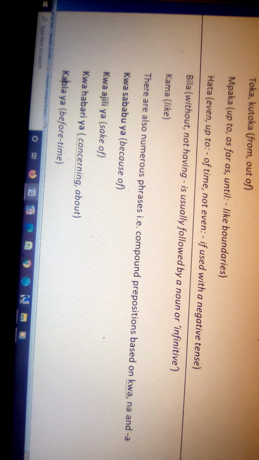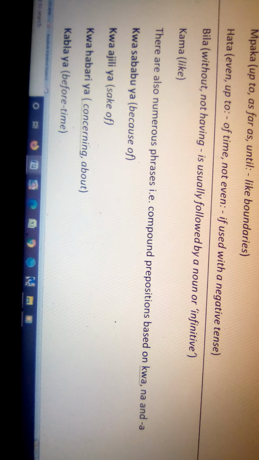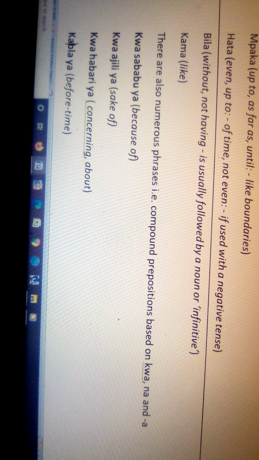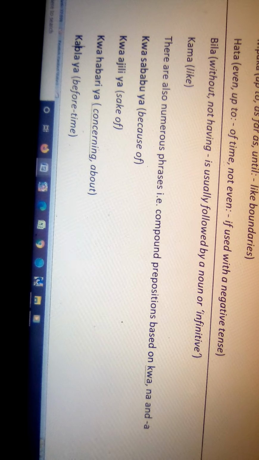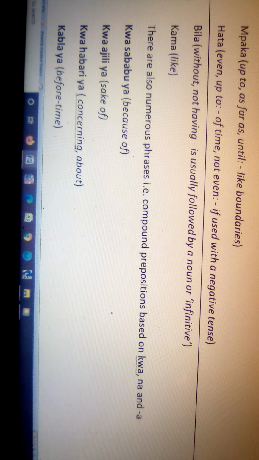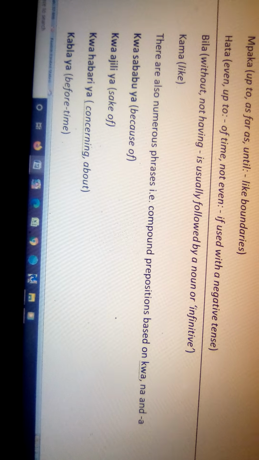Then we have other prepositions like there are numerous phrases, e.g. compound preposition based on kwa, na, and a. For instance, we have kwa sababu ya, because of. Kwa sababu ya, I did this kwa sababu ya.